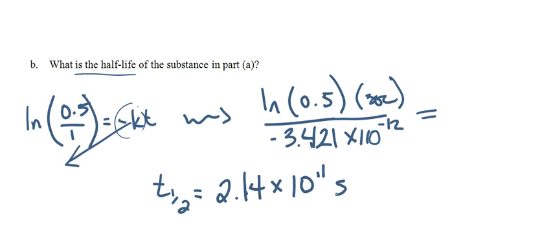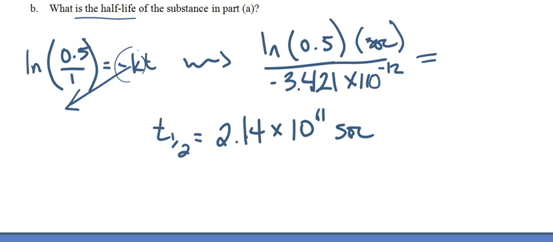Now I might ask you how many days, how many hours, how many something else that might be. I'm not sure if I've even lived this long. I think I may have been alive this long. All right, so there's your half-life amount of time. And again, if it were to ask you to convert that to days, hours, or something that would mean a little more to us, then we could do that.